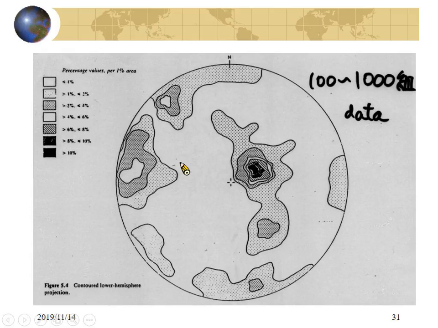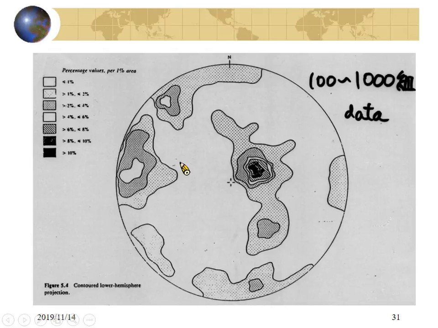As I already mentioned, if you want representative measurement results, maybe you want to have 100 to 1000 measurements. It depends on the complexity of your geological setting. The more complex, the more measurement data you need to make it statistically meaningful.